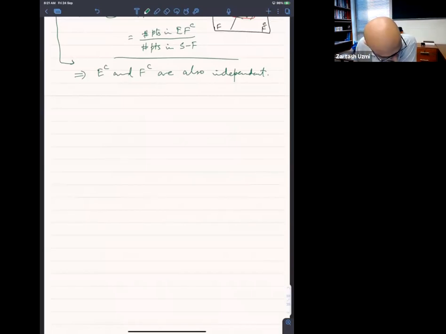So I'm going to talk about independence of multiple events, independence of several events.